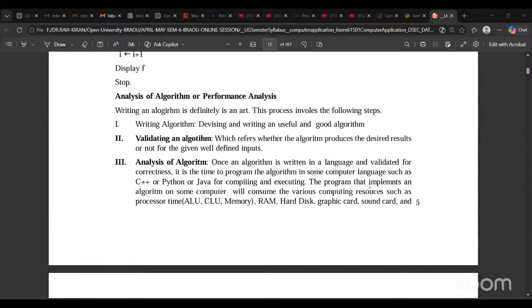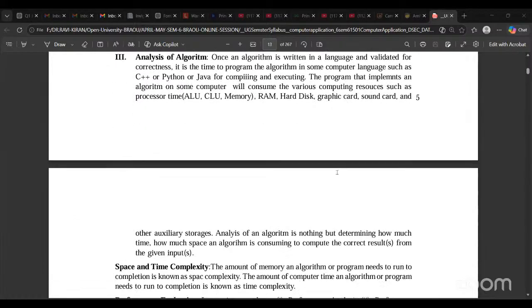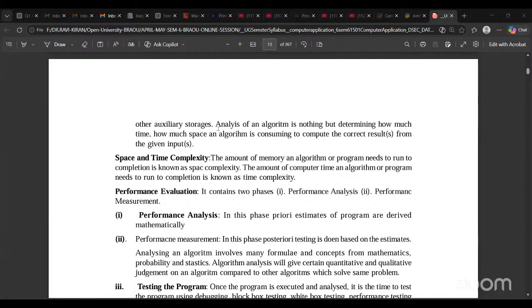The program that implements an algorithm on some computer will consume various computing resources, such as processor time, RAM, hard disk, graphic card, sound card, and other things.